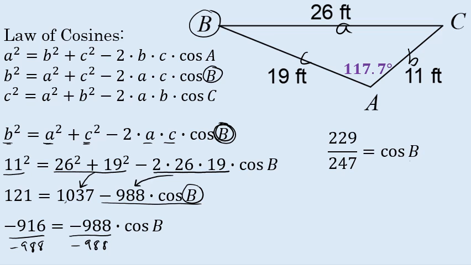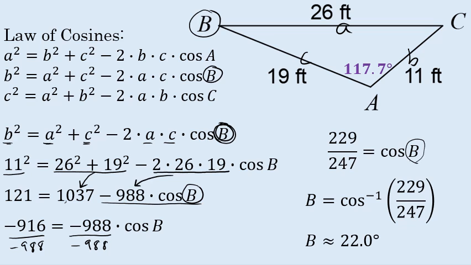So if the cosine of angle B is 229 over 247, then angle B would be the inverse cosine of that fraction, the inverse cosine of 229 over 247. And the inverse cosine of 229 over 247 is, to the nearest tenth, 22.0 degrees. Angle B is 22.0 degrees.